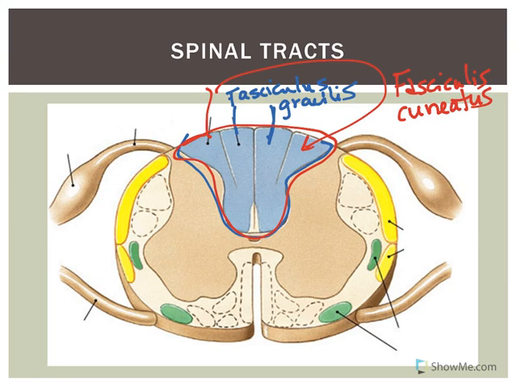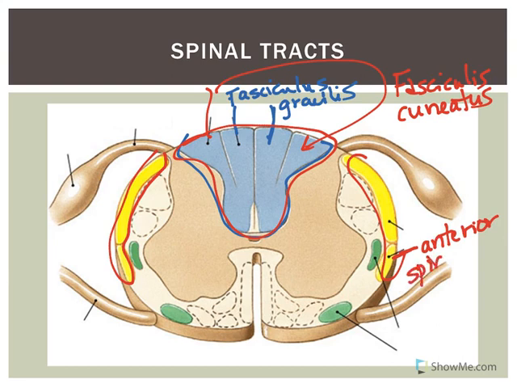The other ones that we'll talk about are two that are found within the lateral white columns, and you'll see in the yellow here and here. On either side up here, this is the anterior spinocerebellar tract.